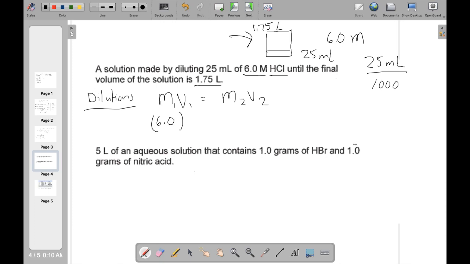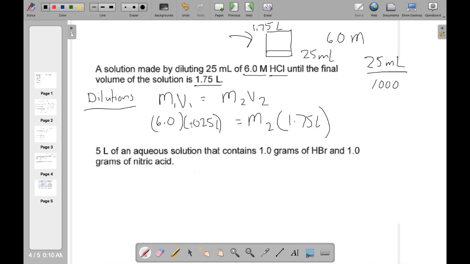So 25 divided by 1,000 is 0.025. 0.025 liters equals, I don't know what this molarity is here, but I know I'm going to get 1.75 liters over here.